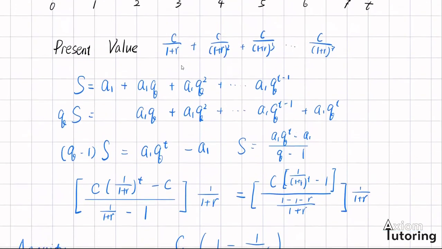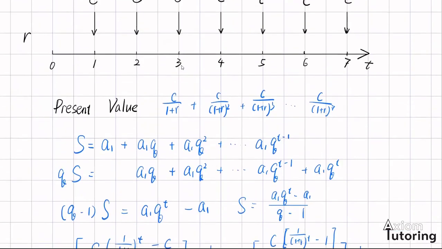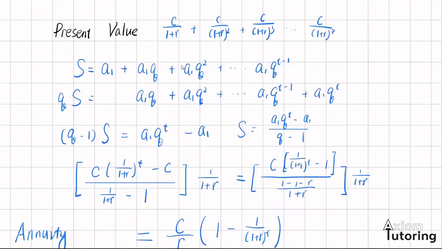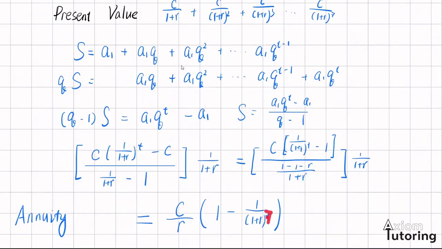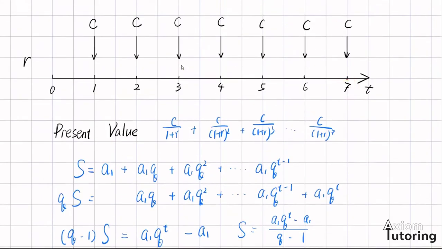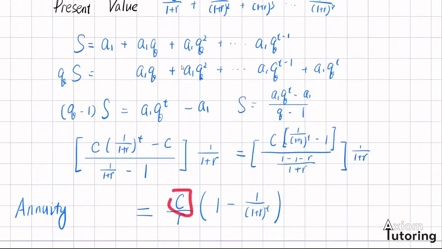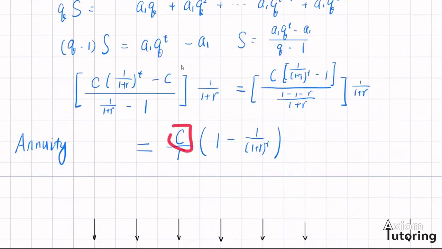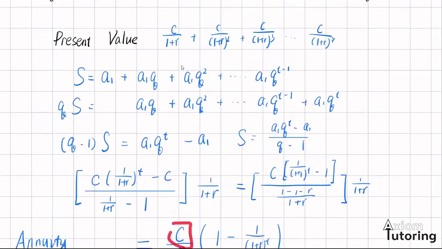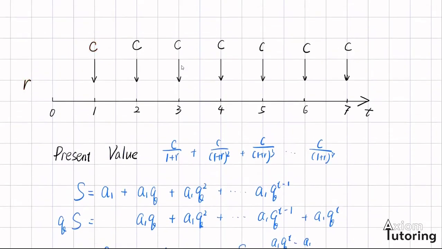So let's go back to our example. If I have 7 years, then t equals 7. If you're given the actual numerical values for C and r, you just have to plug in the numbers. Be aware that this only works when certain assumptions are met.